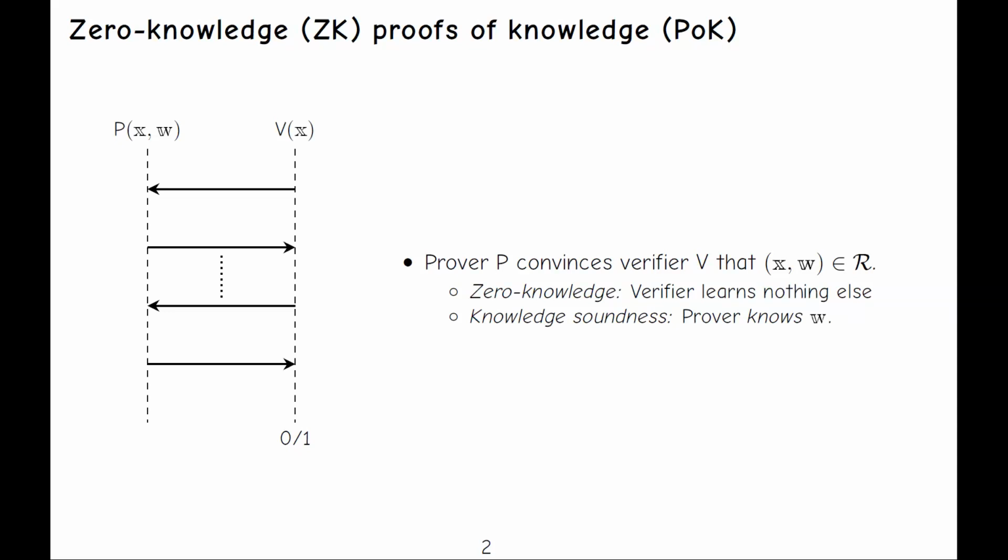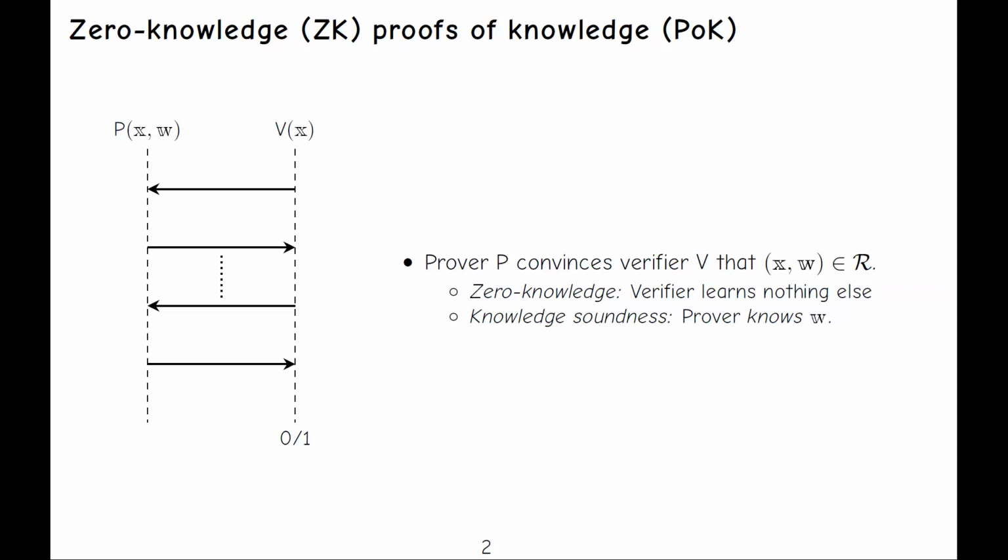So first, let's recall what zero knowledge proofs of knowledge are. I guess you know, but we have this prover and verifier, and we're considering some NP relation R. The prover and verifier have as input a statement x, and the prover also gets a witness as additional input and wants to prove that it knows this witness.